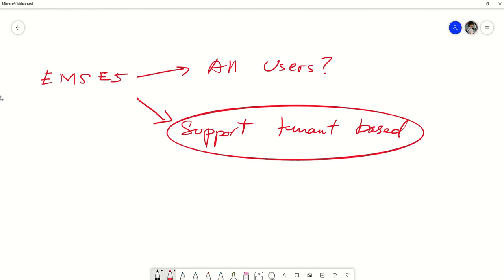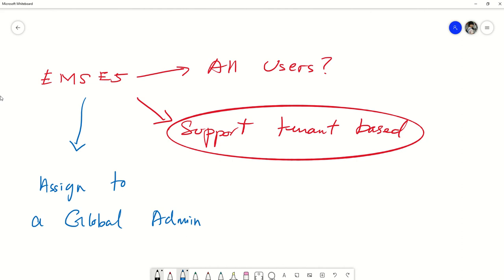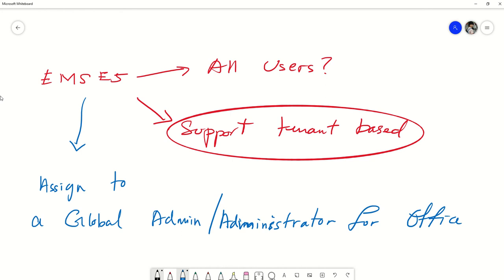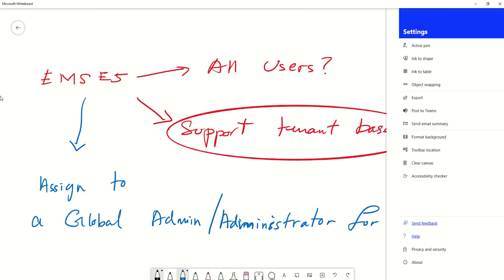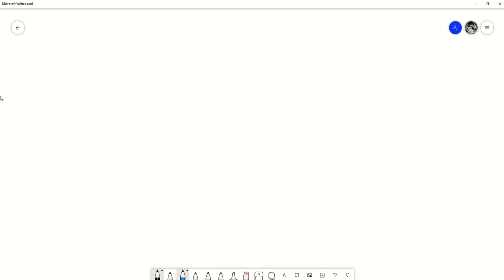So all you need to do is assign it to a global admin account or administrator for your office. So that is the topic on licensing.